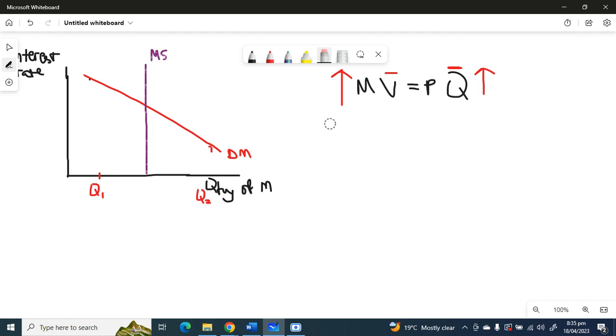Now, V is the velocity of money, meaning how much money is being spent within the economy. Let me actually even write them down here. M, money supply.